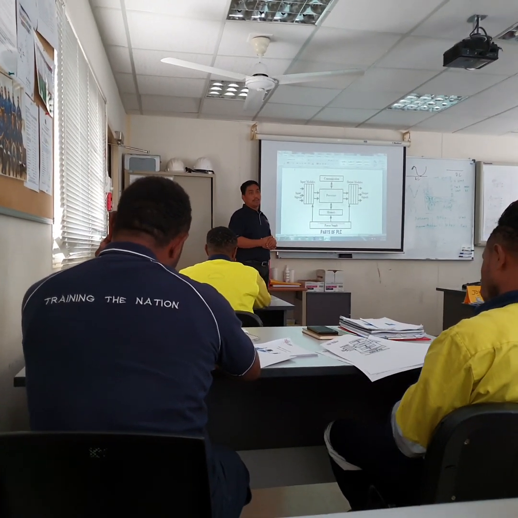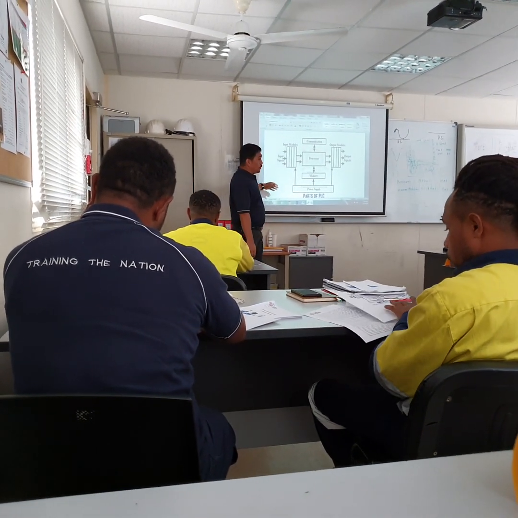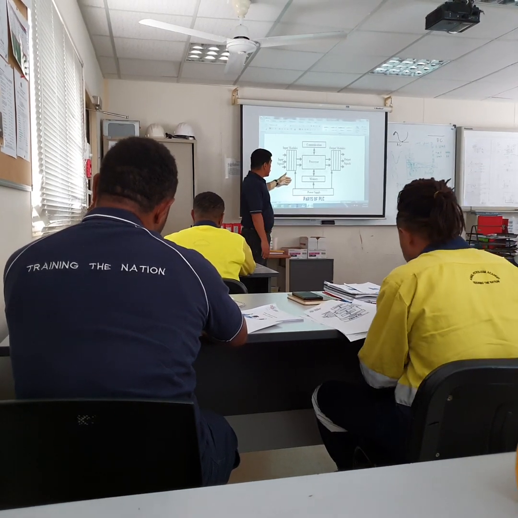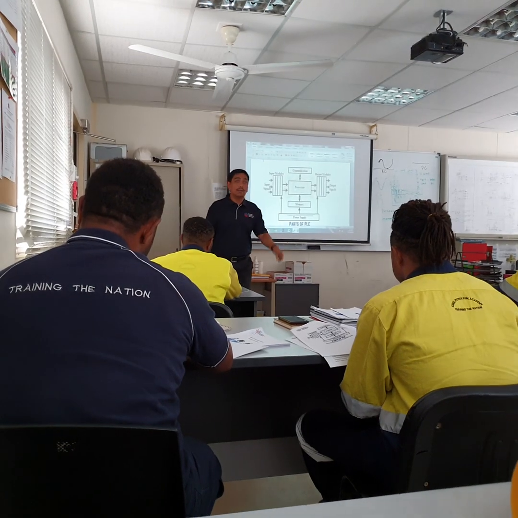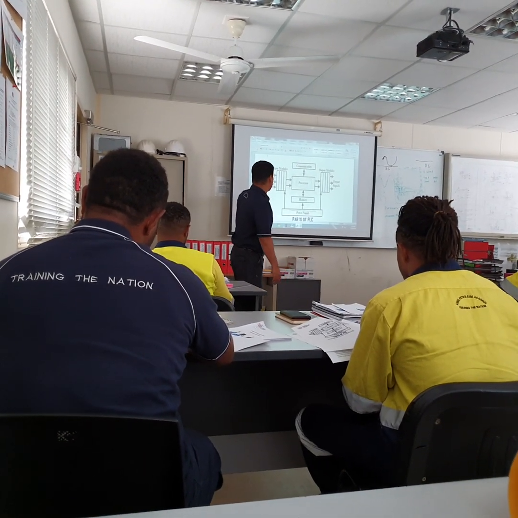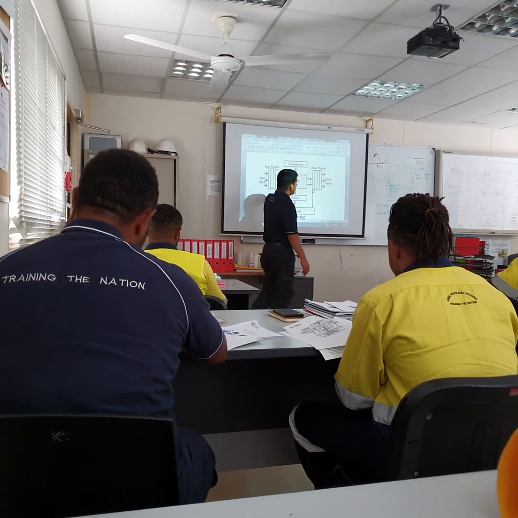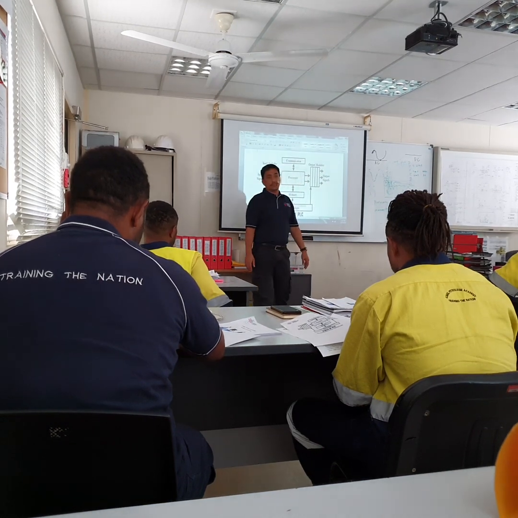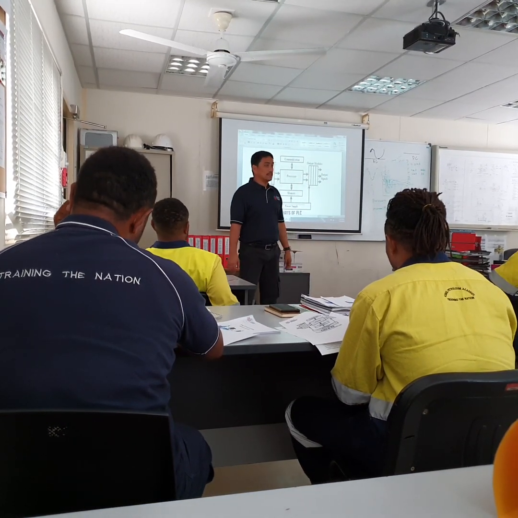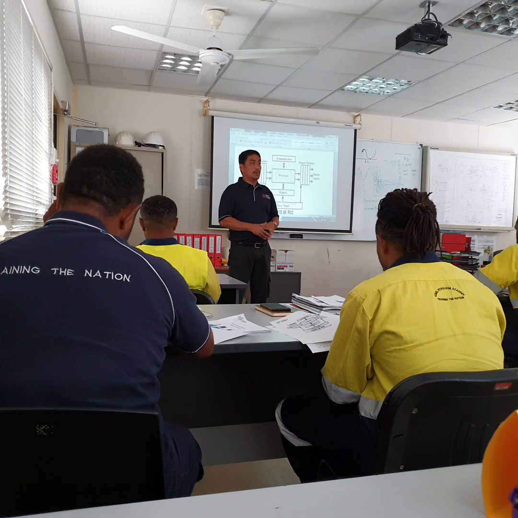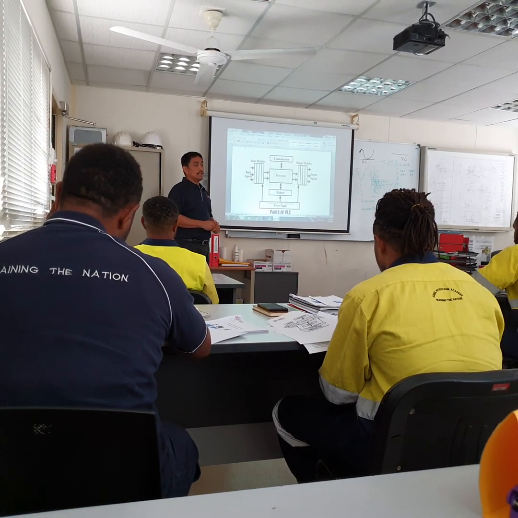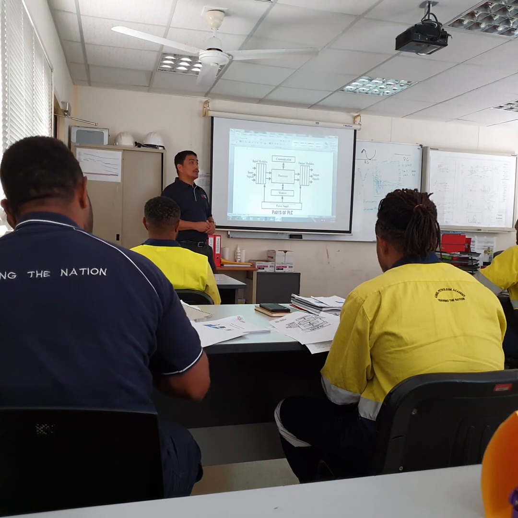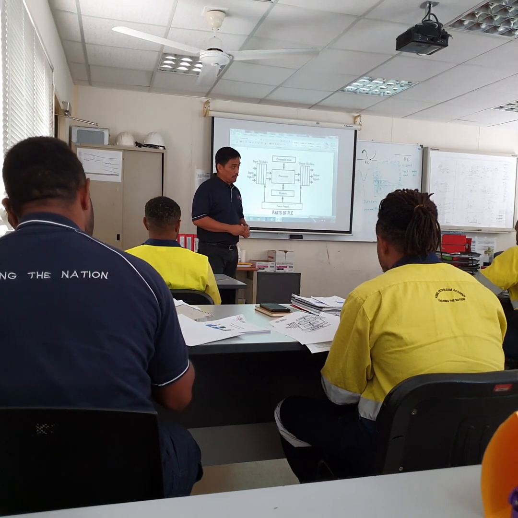Sometimes we call it backplane. Then the memory and the processor. The processor is the one processing all the data that is being sensed by the input modules and output modules. What are samples of input modules? An input module can be an analog input or a digital input.